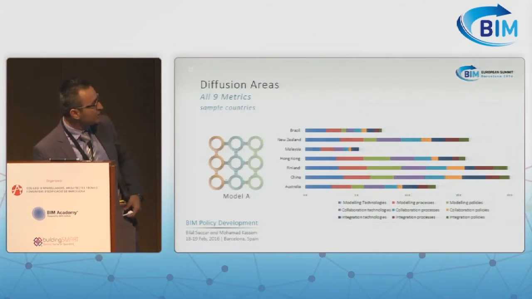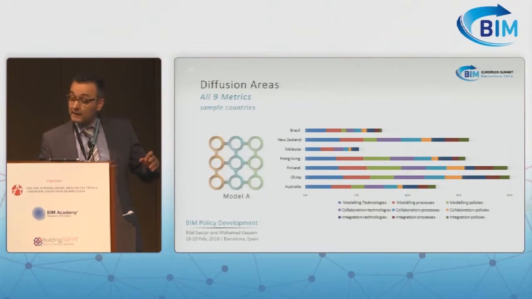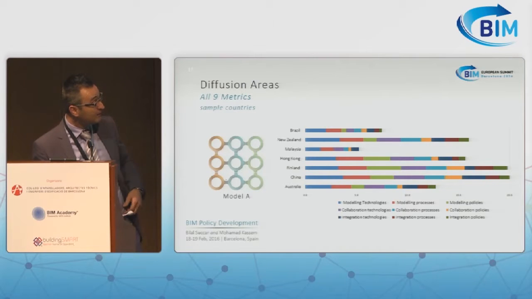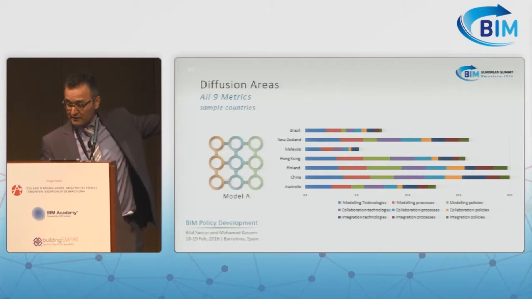If I start with the first one, it is basically measuring the diffusion areas, the 9 diffusion areas Bilal explained. By the way, I'm not showing all 20 countries here.